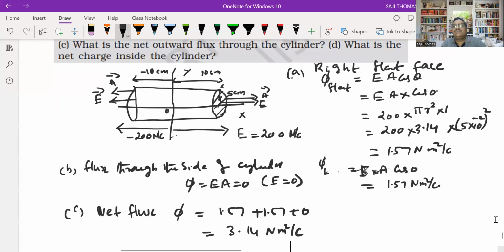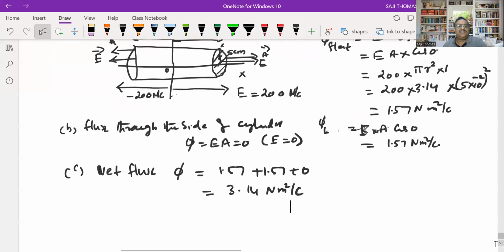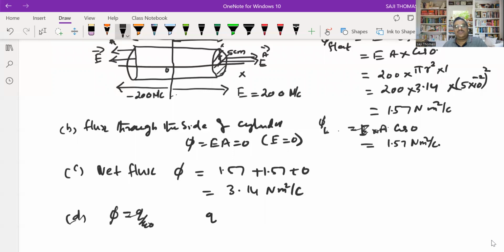Last question, what is the net charge inside the cylinder? You need to find the net charge inside the cylinder, part D. So what is the equation? Phi is equal to Q by epsilon 0. So Q is phi times epsilon 0. Phi you already found.